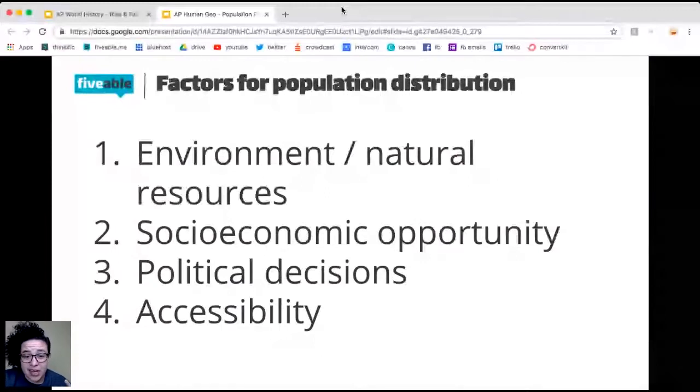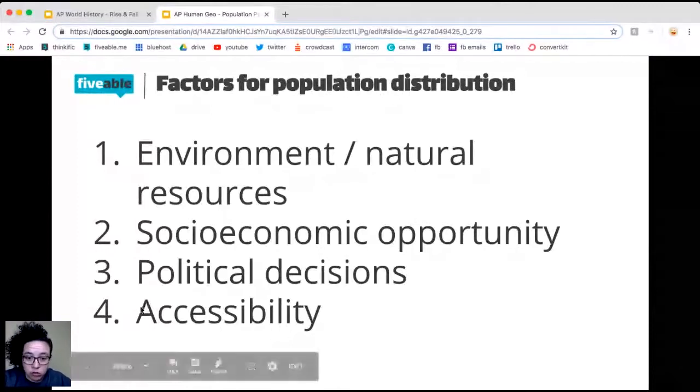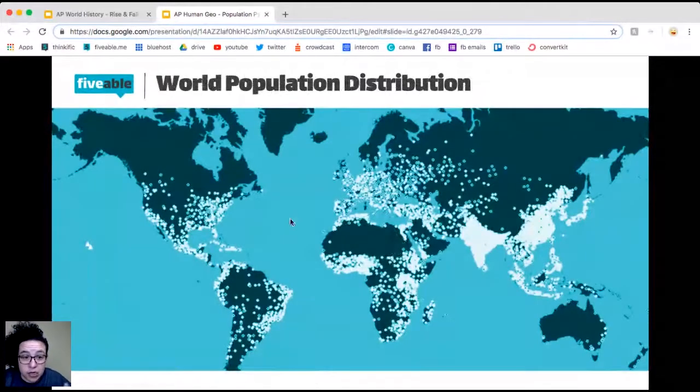One of them is natural resources. People tend to live in places where there are resources, right? And they don't live in places where there aren't. So based on this map, you can see Northern Africa, that's a desert. That's the Saharan desert. There aren't that many people living in the desert because there aren't that many resources for survival. Up north here, Canada, Siberia, there are people who live there, but there aren't a lot because it's cold, right?